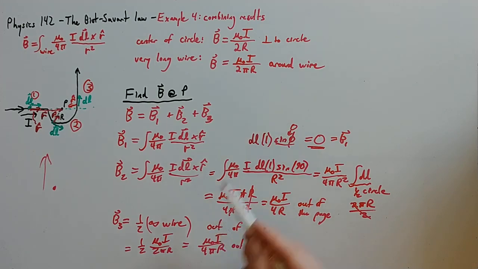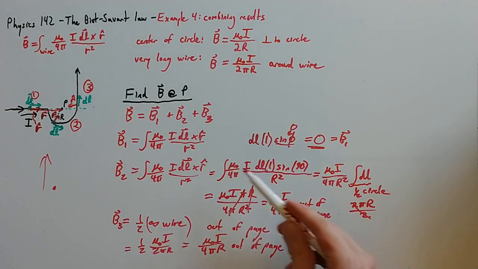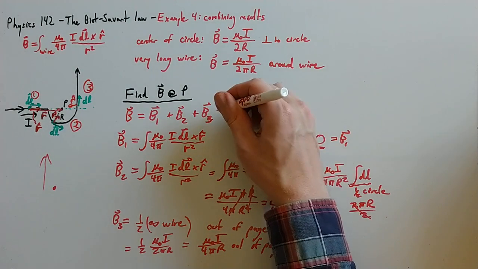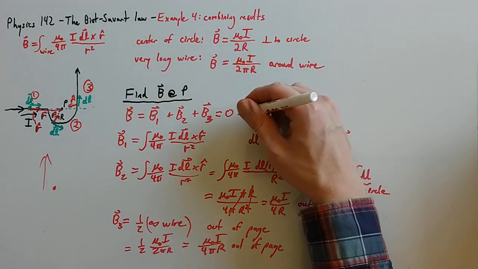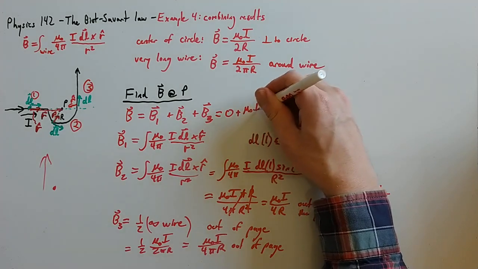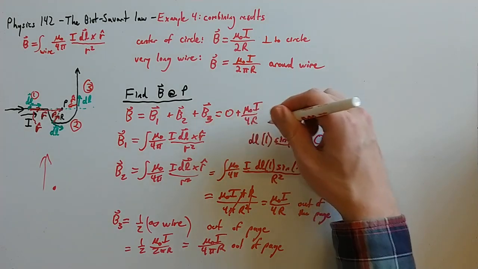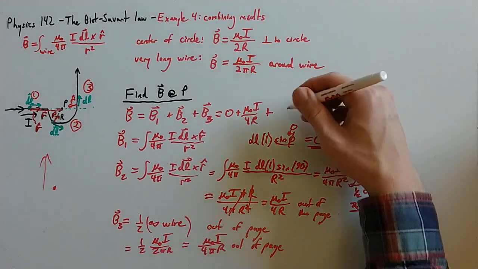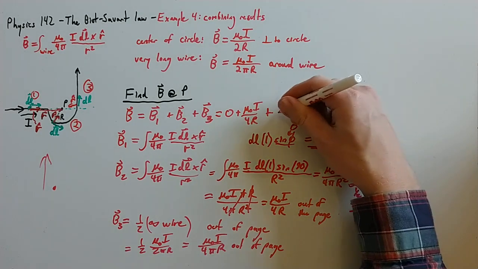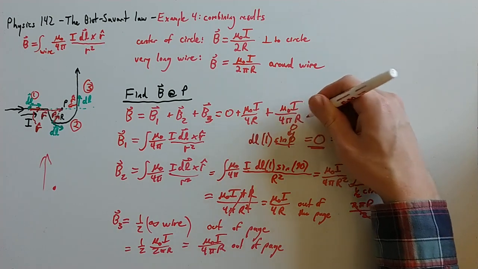All right, so then to conclude here, we need to add up all three of these. We had 0 for B1. We had mu naught I over 4r out of the page for B2. And then for B3, we got mu naught I over 4 pi r.